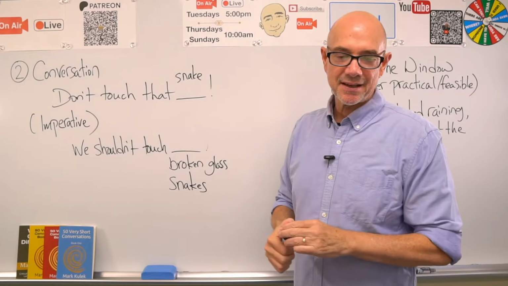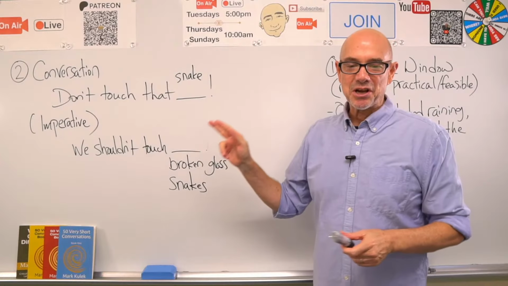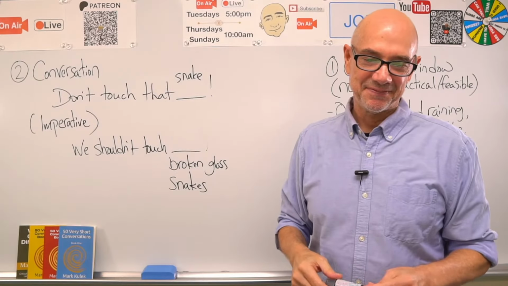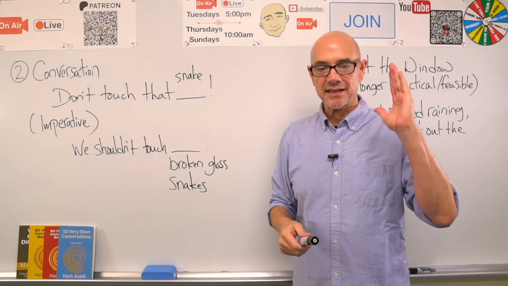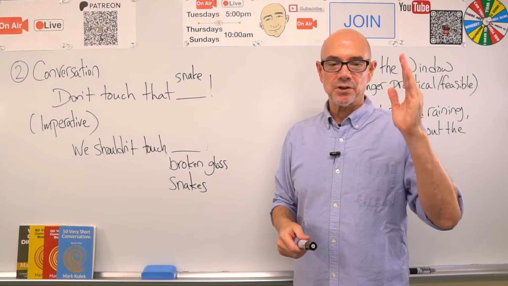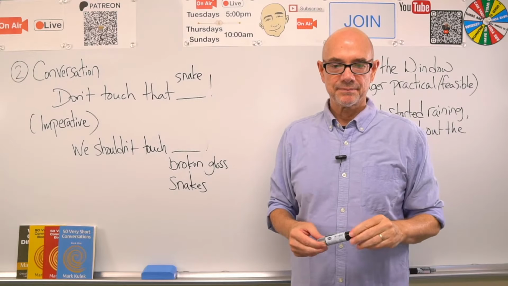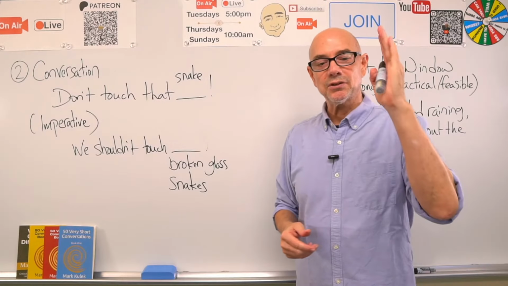snake. Oh, interesting, Iman. We shouldn't touch public bathroom sinks. Yeah, Bron. Don't touch that hot kettle. It's hot and you will burn yourself. Yeah, exactly. Plugs. Yeah, electrical plugs.